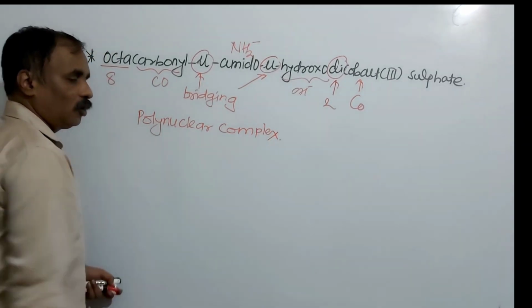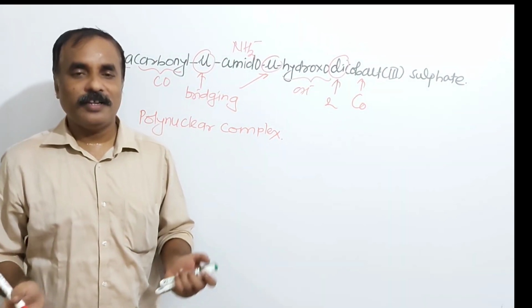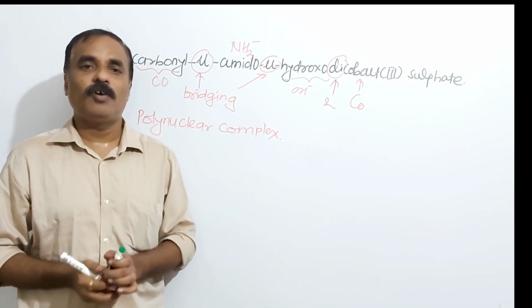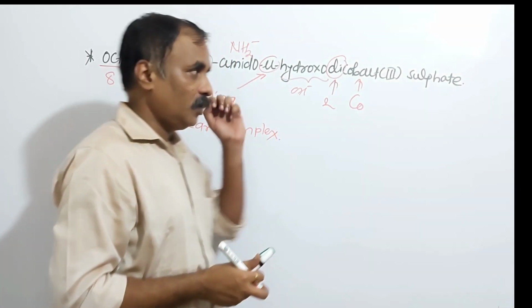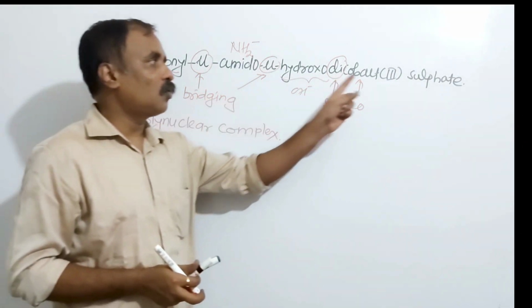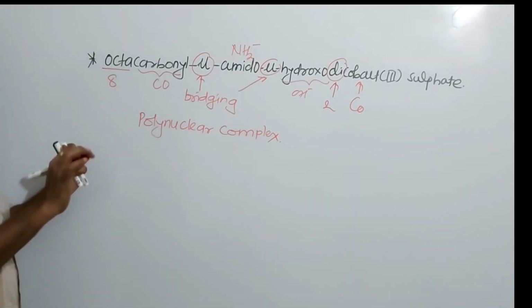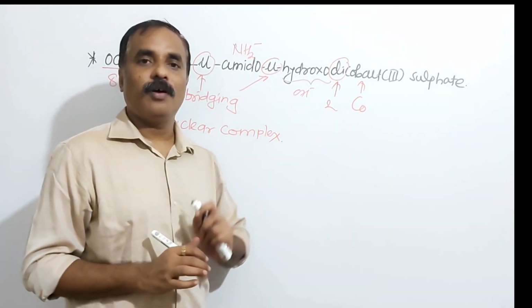Which complex is said to be a polynuclear complex? We have seen already: when two or more than two metals are present in a complex, it is said to be a polynuclear complex. This has two cobalts, and the oxidation state of both cobalt is 3. Okay. Then how to write the structural formula of this?